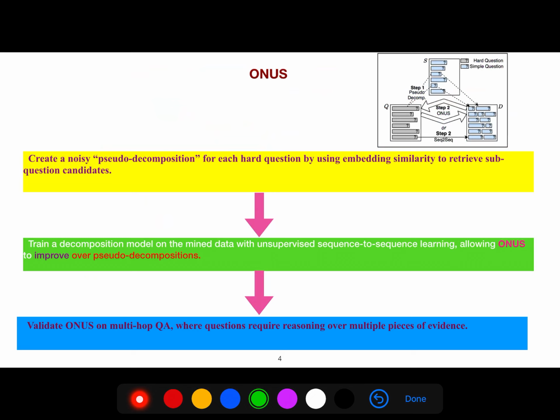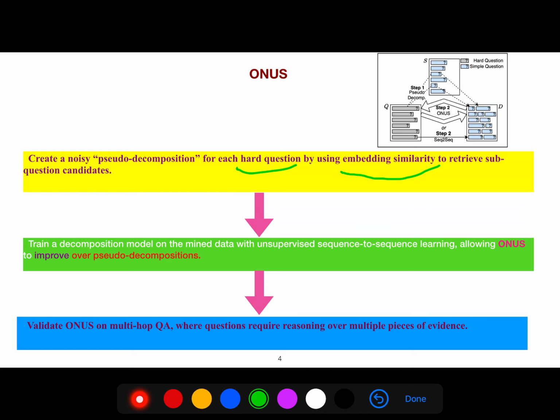And what is ONUS? I summarized it in just 3 steps. I first create a noisy pseudo decomposition for each hard question by just embedding similarity. It's so easy. If you remember, clustering, k nearest neighbors, those sort of things, but we do it more efficiently.